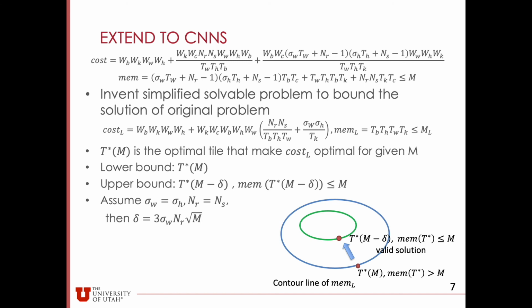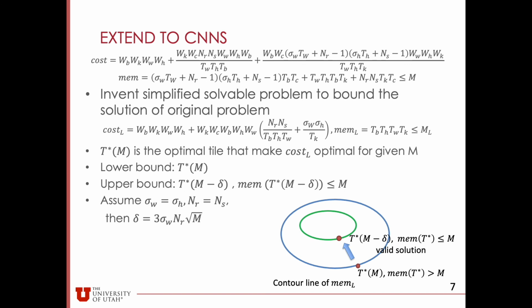If we set the memory parameter to be the same as the original, we can get a lower bound cost. However, this lower bound is not reachable because of violation of the original memory constraint. We will then reduce the memory parameter for the simplified problem such that the simplified solution we find does not violate the original memory constraint.